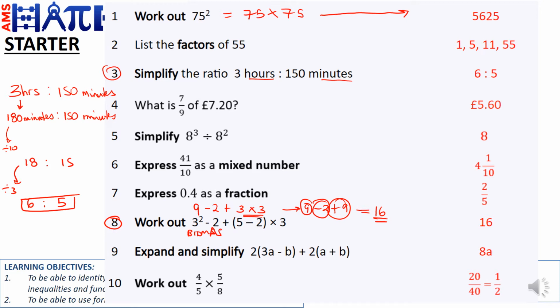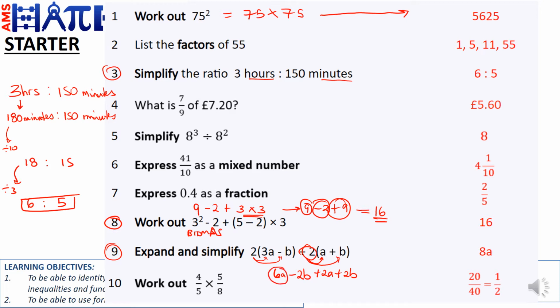And then the final question I'd like to highlight is question 9. We did a bit of expanding and simplifying. So we'd expand this bracket here using the box method that I showed to you, but to go quickly, I'll do 2 times 3a is 6a, and then 2 times minus b is minus 2b, and then we'd have to multiply our positive 2 times a to get positive 2a, and our positive 2 times b to get positive 2b, and then we can simplify.